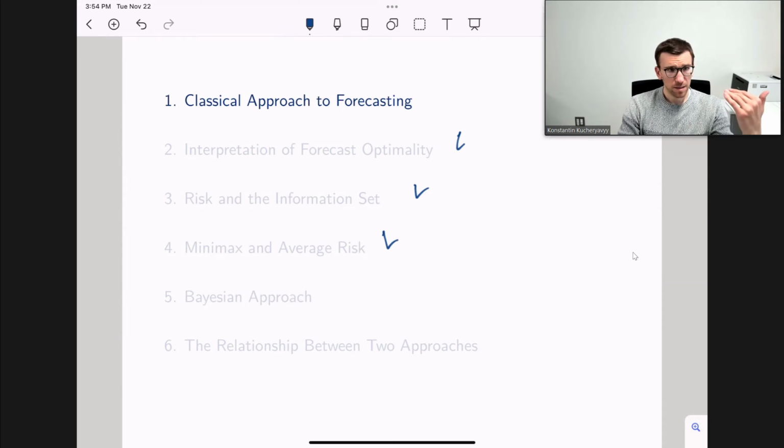And then we will consider an alternative approach to forecasting, which is Bayesian forecasting. And then we will contrast them. So let's start.